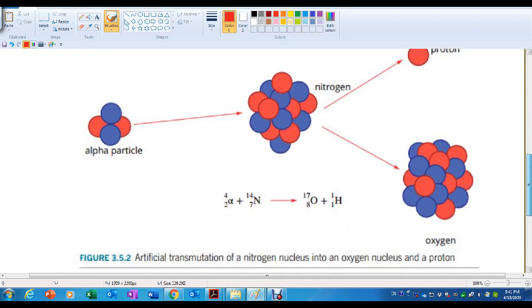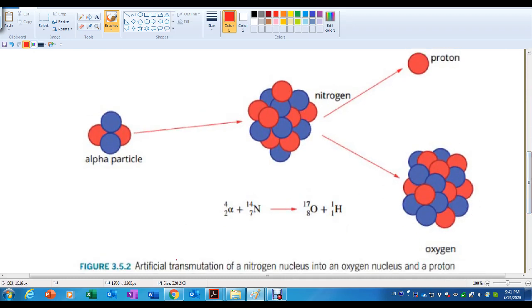And also this one is an artificial transmutation. Why? Because you see, you use an alpha particle to collide with nitrogen. That can't happen naturally, right? Because alpha particles are positive and the nucleus of nitrogen is also positive.